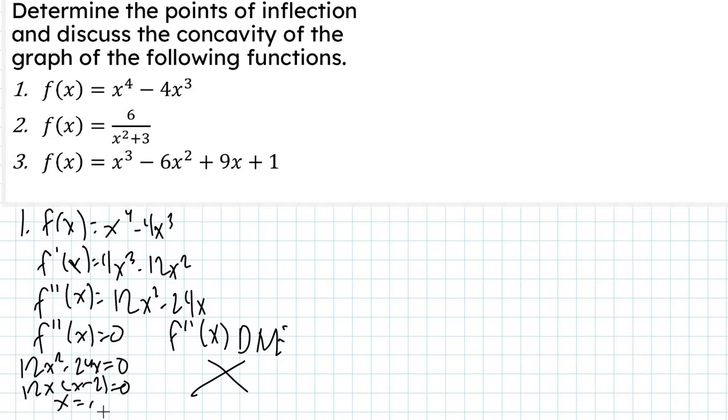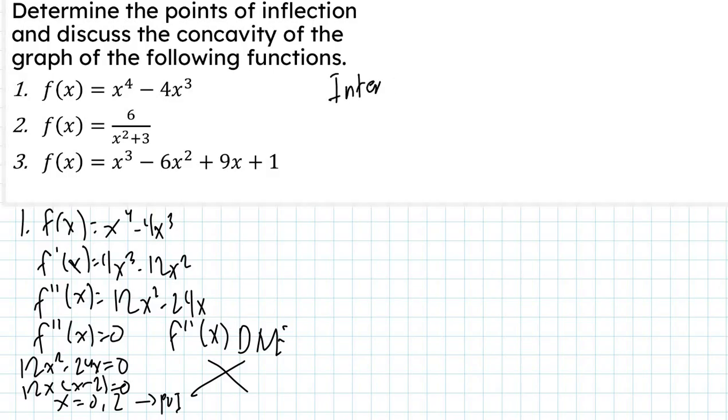So we have x equals 0 and 2. So from there, this is our possible points of inflection, because remember, we are not sure if the concavity will really change after this.